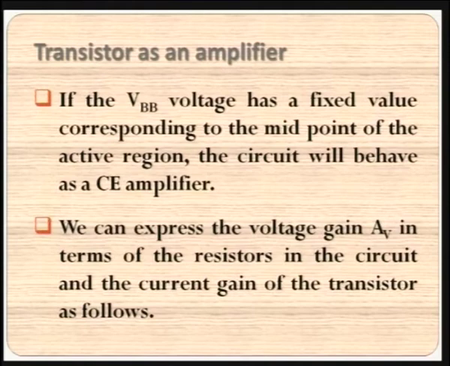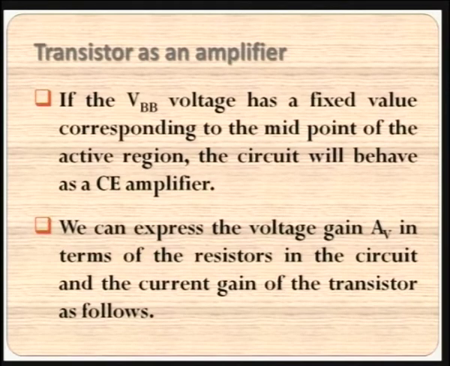If the VBB voltage has a fixed value corresponding to the midpoint of the active region, the circuit will behave as a CE amplifier. We can express the voltage gain AV in terms of the resistors in the circuit and the current gain of the transistor as follows.